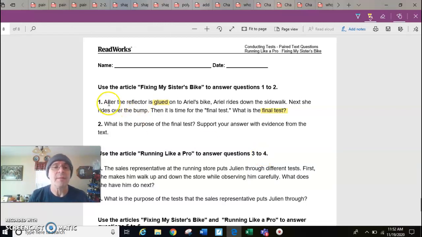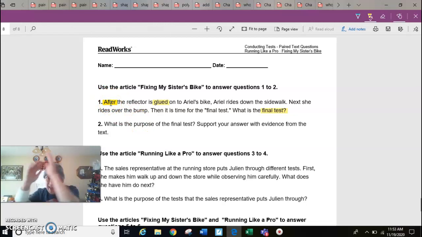Well, let's look at question number 1. After the reflector is glued on Ariel's bike, Ariel rides down the sidewalk. Next, she rides over the bump. Then it's time for the final test. What is the final test? Now, what we've got to do is look at some key words here, right? The first word is after.